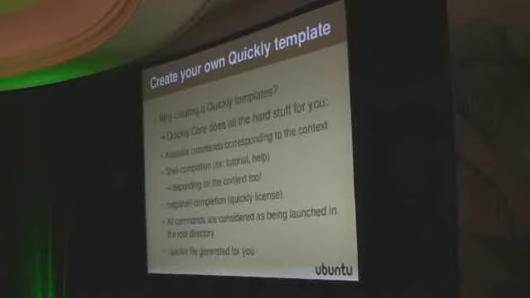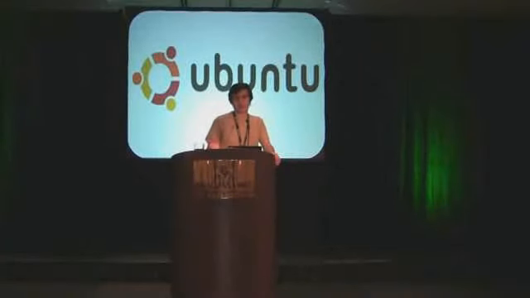It will also provide you all the shell completion. If you are outside a project, it will tell you that the tutorial command needs to have a template specified on the command line. If you are inside, you can just launch quickly tutorial, for instance. So all of that is provided by Quickly Core. You just have to bother about your commands.